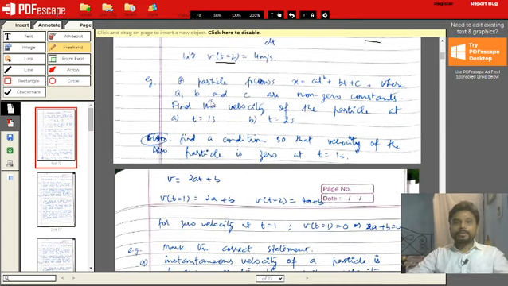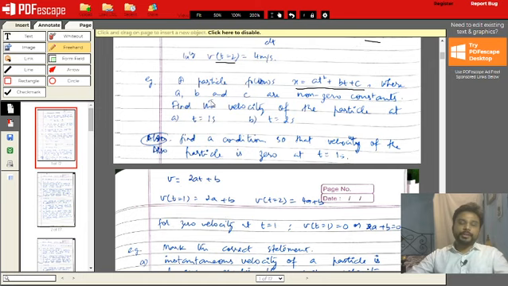So this example shows that there is a particle which follows x equal to at square plus bt plus c, where a, b, and c are non-zero constants. Find the velocity of the particle at t equal to 1 second and t equal to 2 seconds. So how do we achieve that?